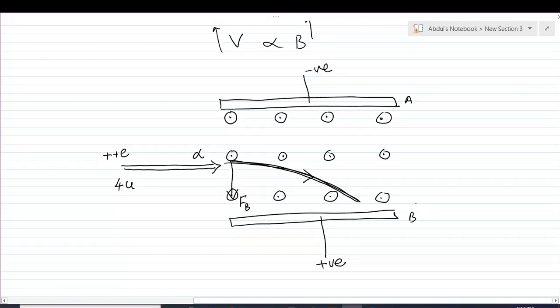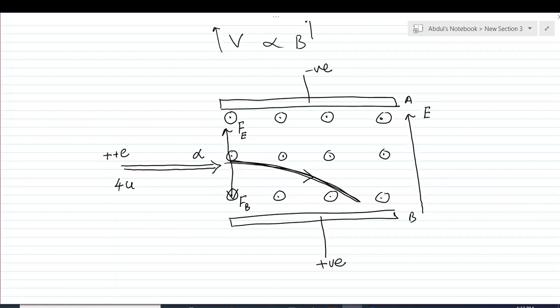So due to the potential between the plates, there is an electric field strength directed from positive to negative. This electric field will exert a force in this direction. So both fields are perpendicular to each other. The magnetic field is out of the page and the electric field is towards the top of the page.